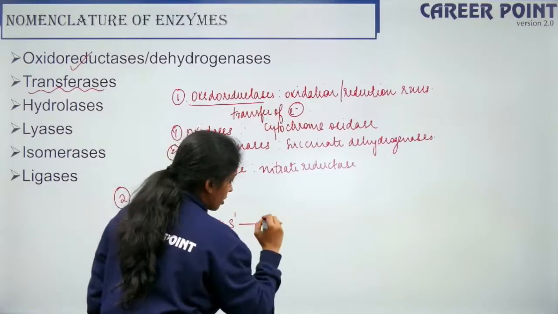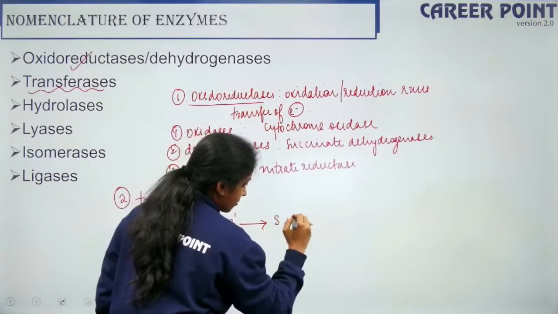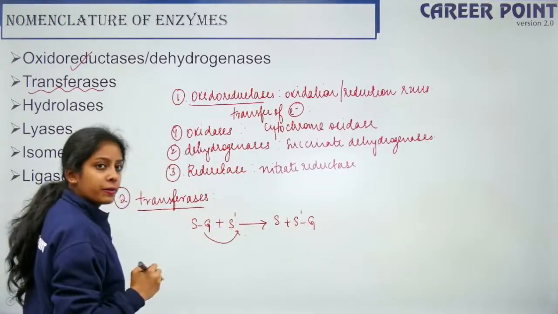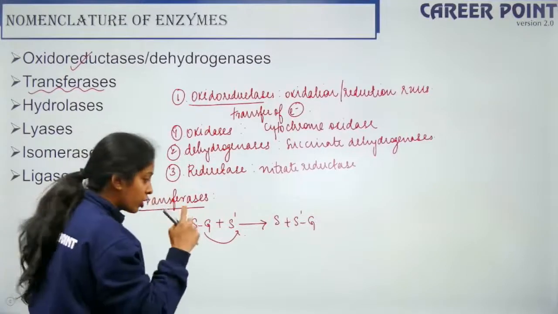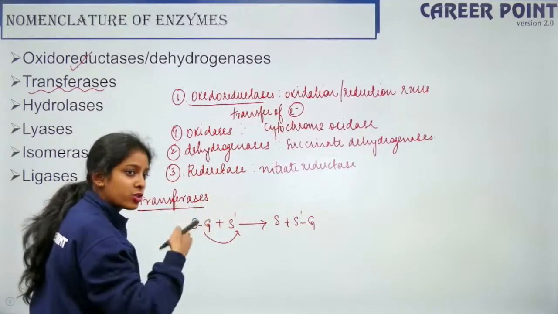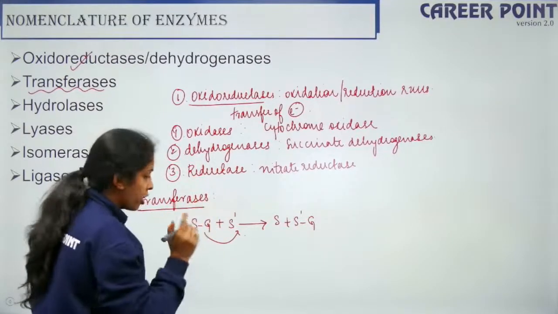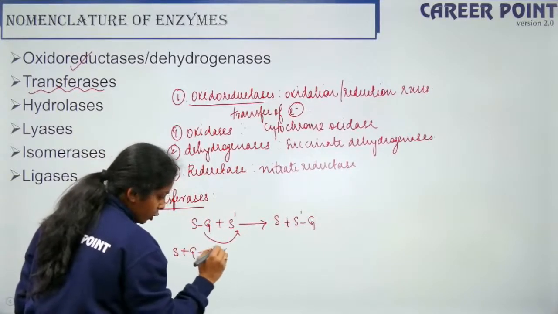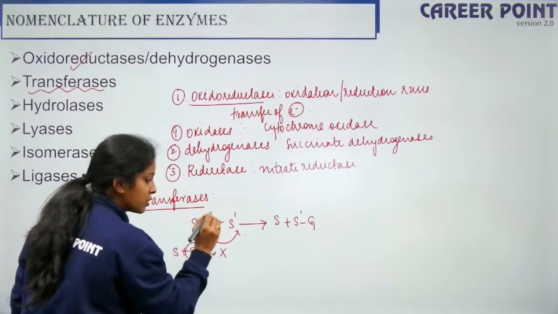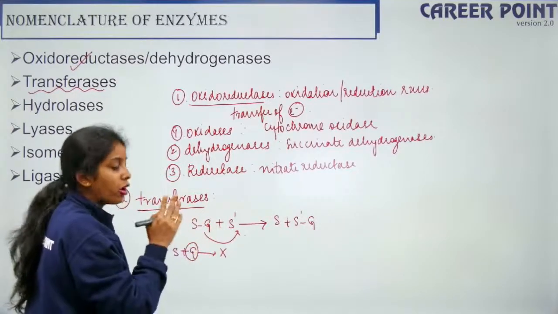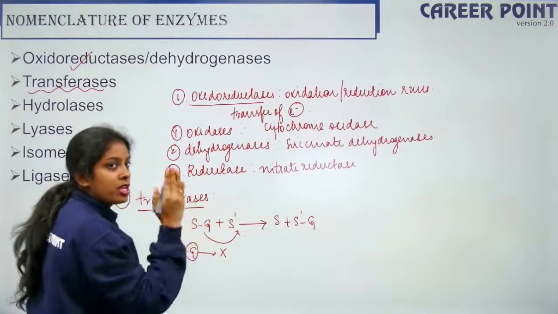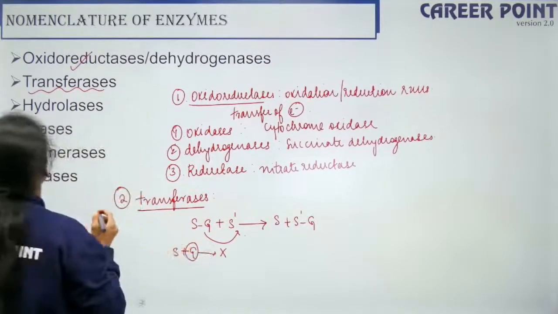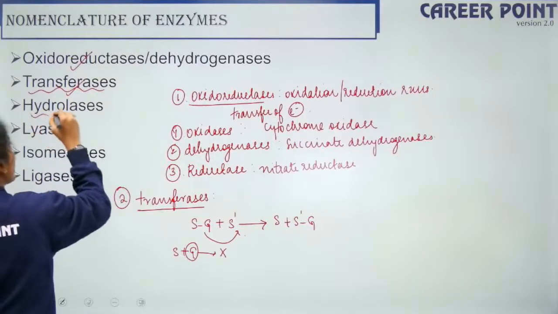Now the G has been transferred here, right? The group should not be in its free state, otherwise the transfer will not happen. The functional group that you are transferring should be in the conjugated form. It should not be in the free form. So this is your transferases enzyme. Alright, clear? Fine.